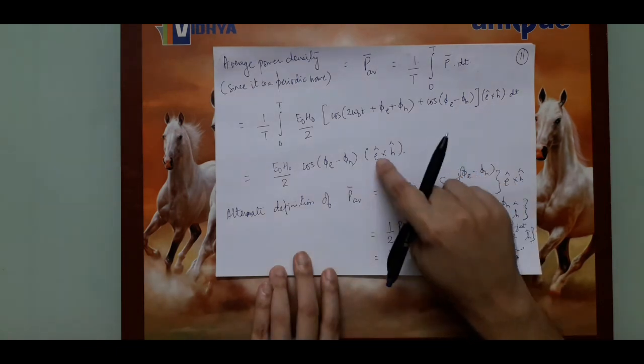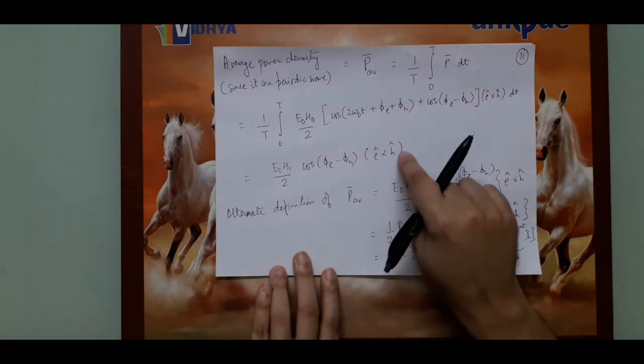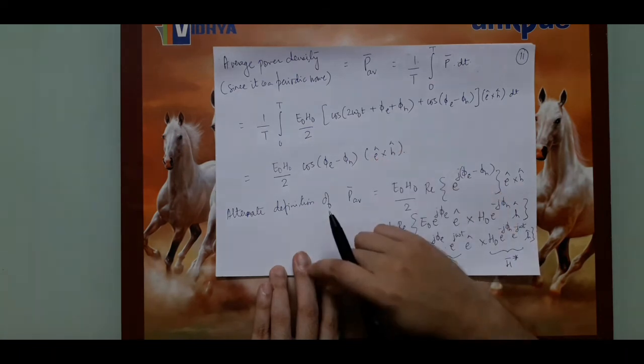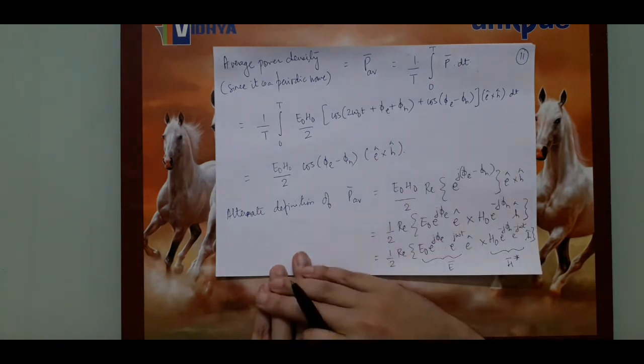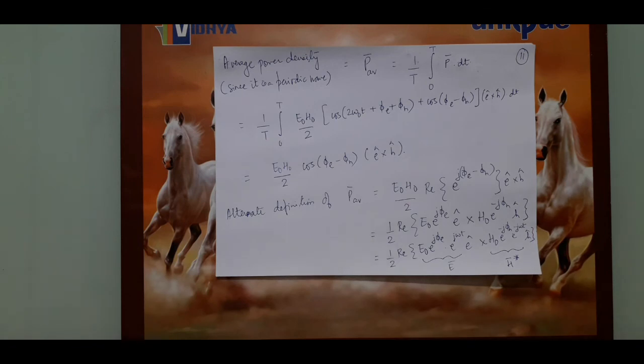One is hypothetically when the E field and H field vectors become parallel to each other. Now, although we know that in an unbounded medium that never happens, supposing by any means we make that happen.